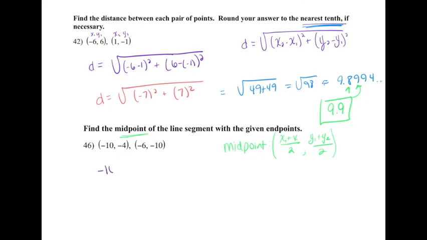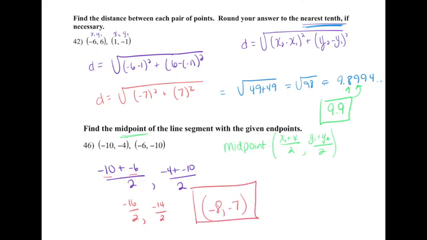So for this one, you would add your x's, add your y's, and then simplify. You have negative 10 plus negative 6 is negative 16 over 2. Negative 4 plus negative 10 is negative 14 over 2. When you reduce those, you get negative 8 and negative 7, which would be your midpoint here.